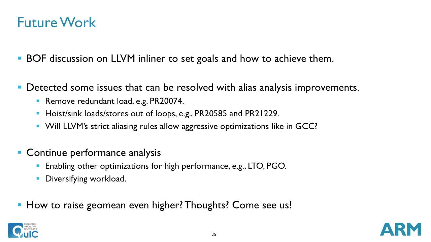We have a very large list of internal bugs driven from our performance analysis effort. When we review those bugs, some of them have to do with removal of redundant loads and hoisting and sinking loads and stores out of loops. For some of those issues, we opened bugs with the community and got some feedback. It seems some of them we can resolve with alias analysis improvements.